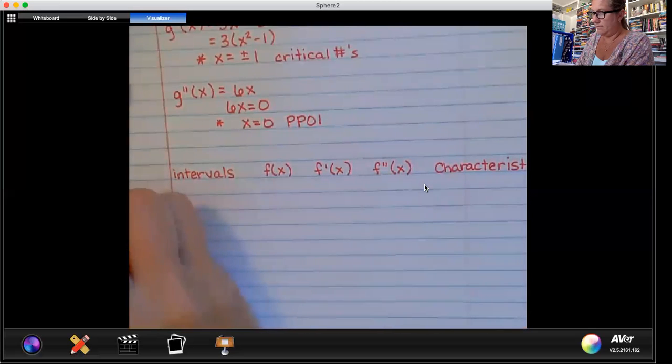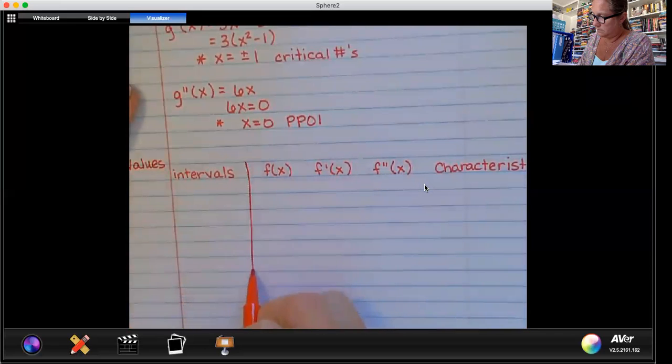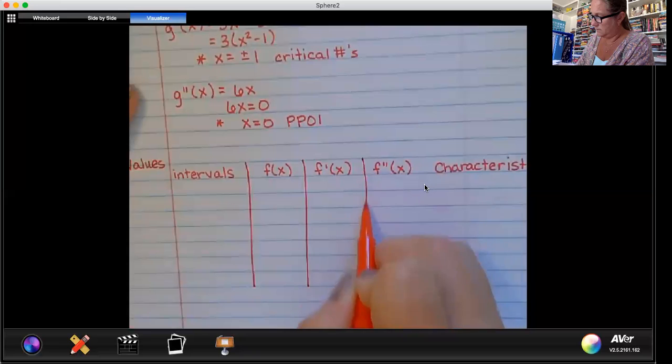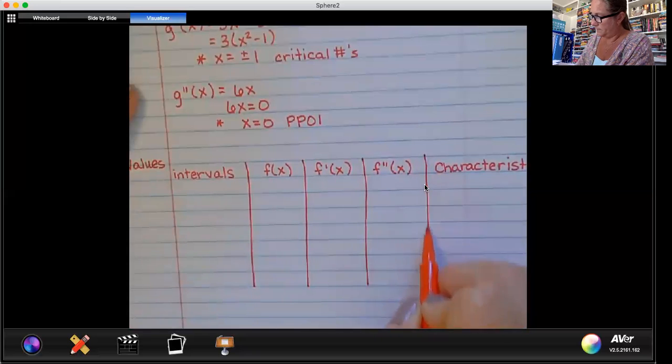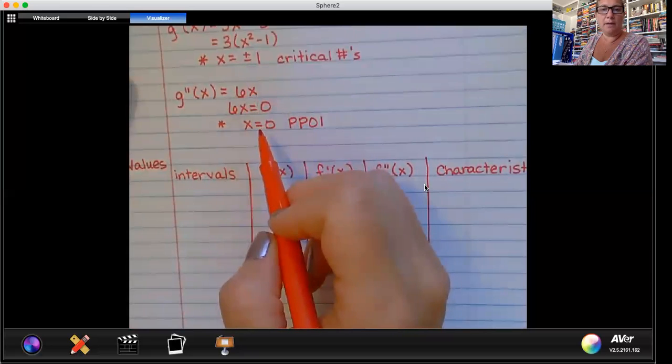We're also going to have test values over here in this column. So we're just going to draw our lines. I'm not sure exactly how many we'll need, so if we need to extend it, we can. And our intervals are going to include our critical numbers and our possible points of inflection.